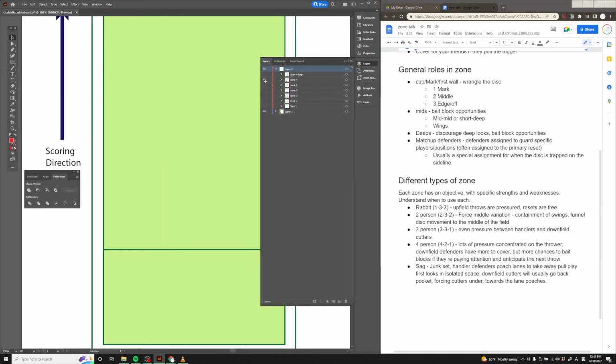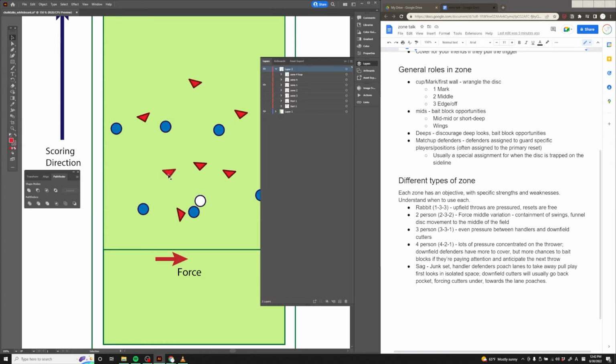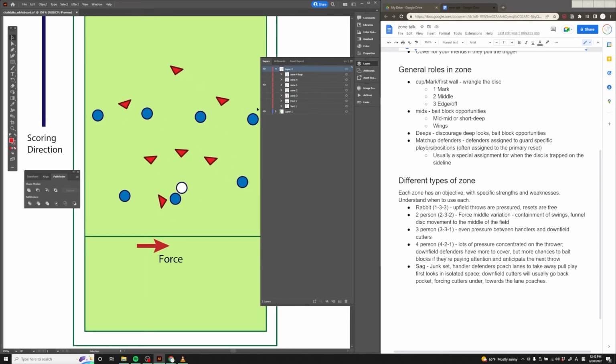Our next example will be a 4-person zone, which does look remarkably similar to the rabbit. And I kind of like this because you can, on the fly, in theory, transition between a 4-person cup and a 1-person cup, depending on how much pressure the wall wants to apply. So here, in this example, the wall is pushed a little bit wider, a little bit more upfield, because they're responding to the cutters.